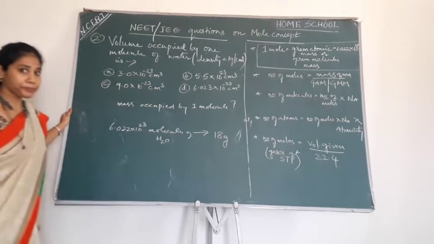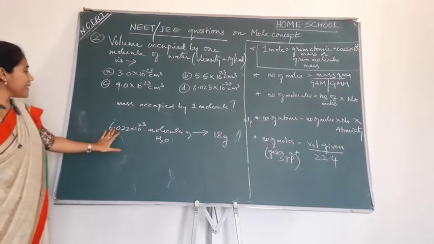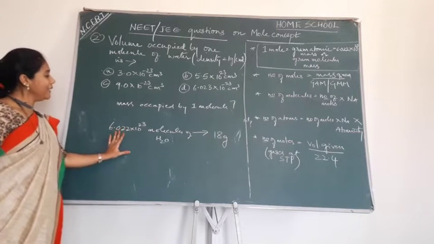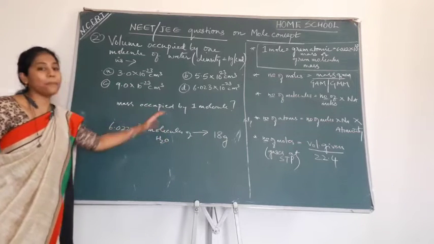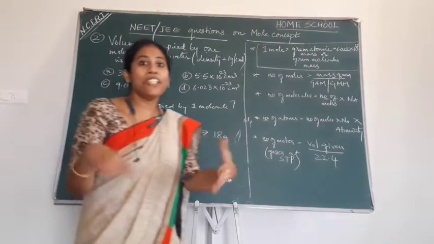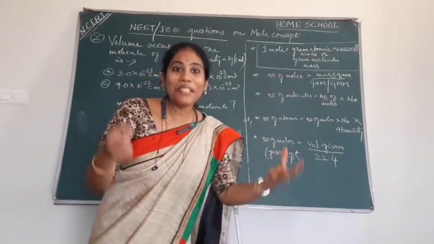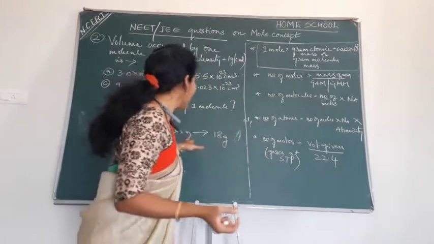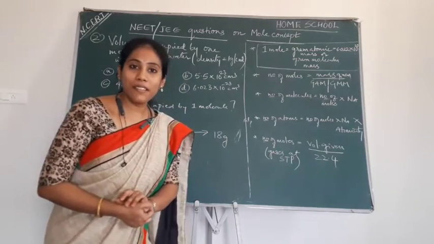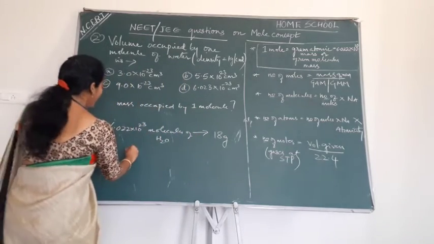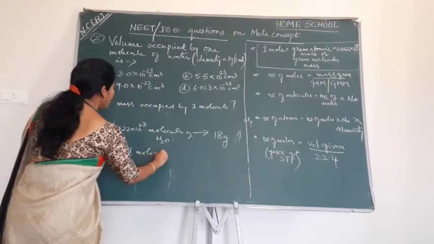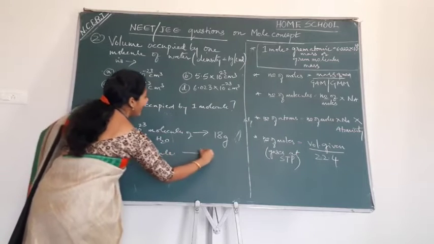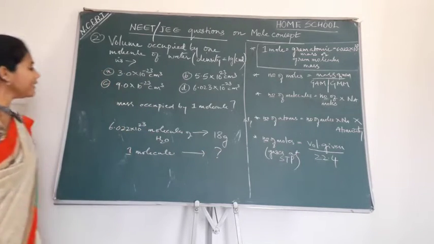Yes, definitely, that means 1 mole of water molecules, that is the gram molecular mass. The gram molecular mass of water is 18 grams. So one molecule will have how much mass? First you calculate this.